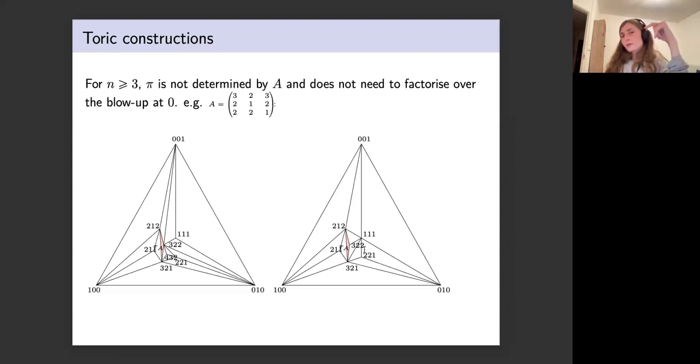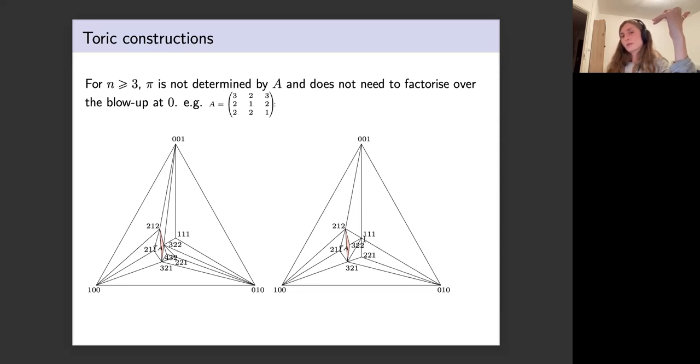To know whether or not this factorizes over the blow up of 0 would mean that you have a map of fans from this fan to the fan of the blow up over 0 given by the identity. Now you see that because of this red cone here, it actually cuts (1,0,0), (1,1,1). So (1,1,1) in this fan that we drew here is no longer actually a ray in your fan.